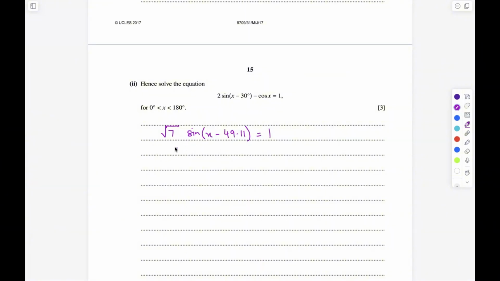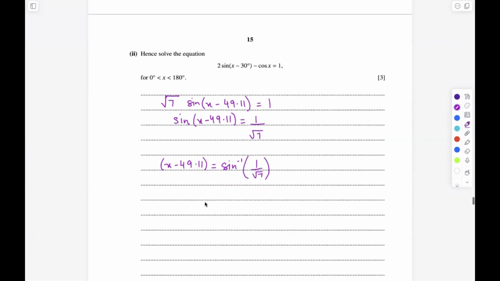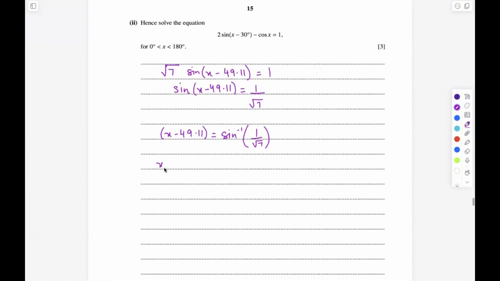Taking root 7 to the right hand side, we get sine of x minus 49.11 equals 1 upon root 7. And finally, x minus 49.11 will be equal to sine inverse of 1 upon root 7, so we get the basic angle, which will be 22.21. So x minus 49.11 is equal to the basic angle, 22.21.